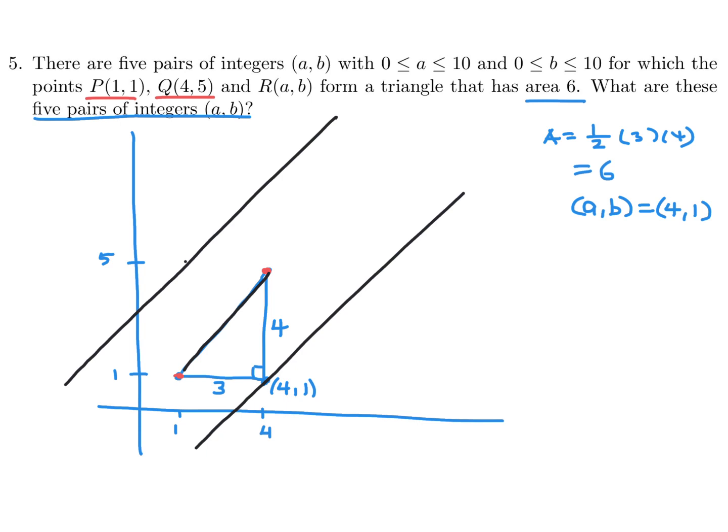So, for example, if you put the point here, and if you made that kind of triangle, it would have the same height and the same base. The height is still 4, and the base, we want to make it 3. And if the base is 3, then that means this point right here would be 7, 5. So another pair is (7, 5).